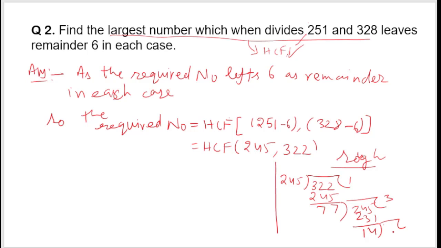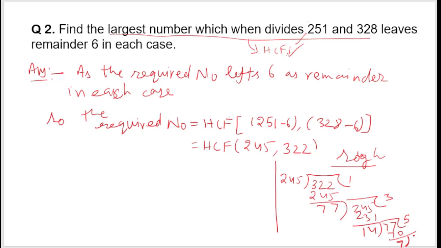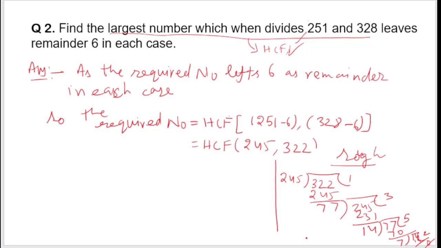Then for 77, it goes 5 times 70, then 7, and for 14 it goes 2 times 14, and there leaving remainder 0. Now the steps are, this is the first step, this is the second step, third step, and the remaining is the fourth step, where remainder becomes 0.